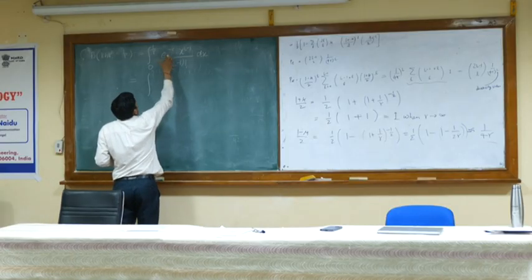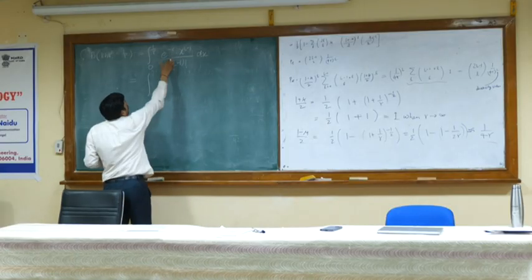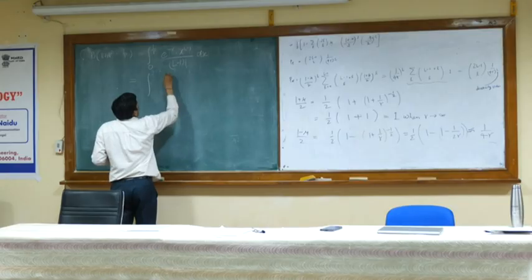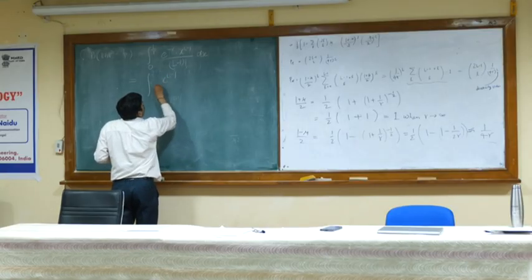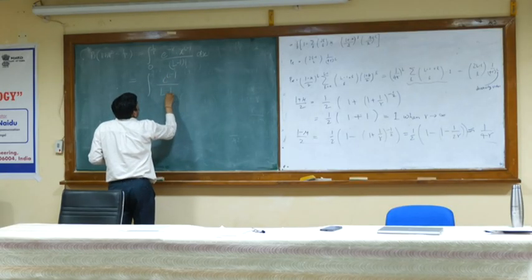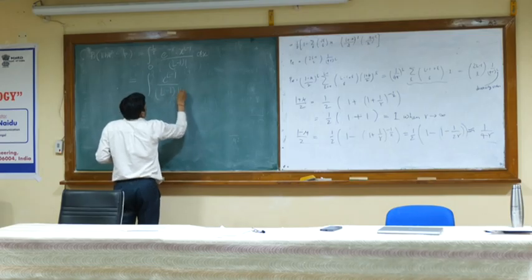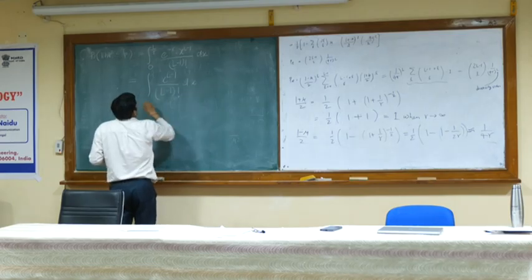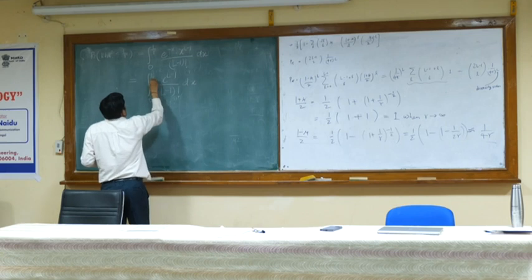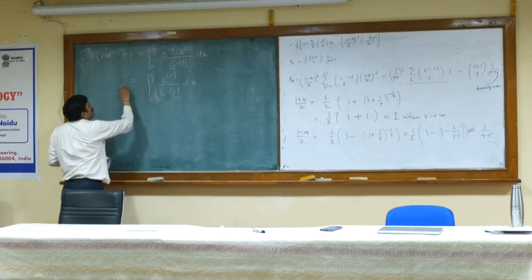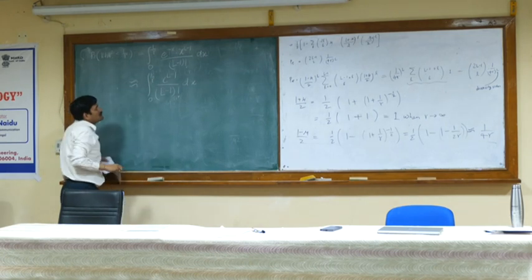So when x is very small, what we can do, we can neglect this term e to the power minus x, and I can write here like directly like this. So what I am doing here, this is the approximation.